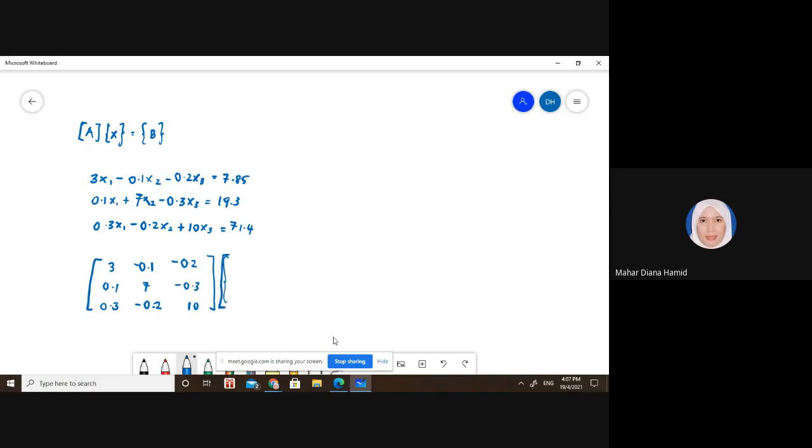It's actually this x1, x2, x3. This is a square bracket.